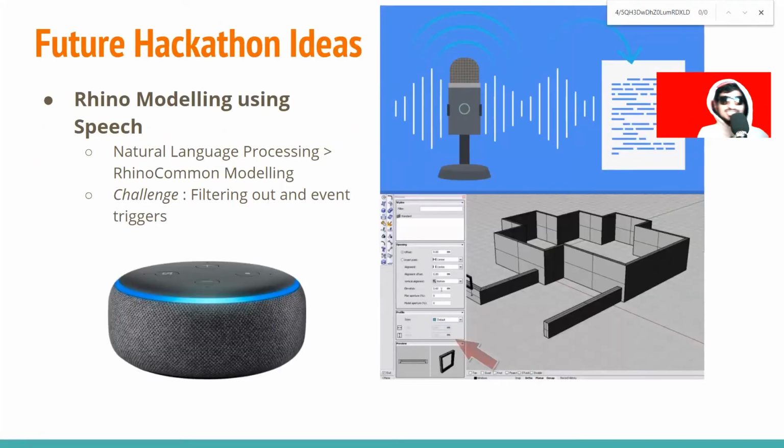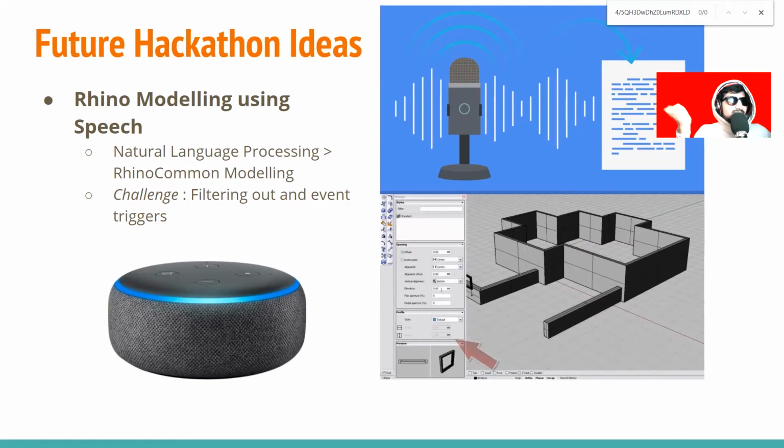A few other ideas which I had in mind, which probably I'll explore later, was what if Rhino modeling can be done using speech? So natural language processing algorithms can be used and paired up with Rhino common libraries, and some wall components or anything can be modeled in Rhino.